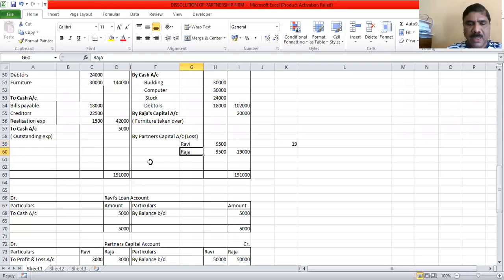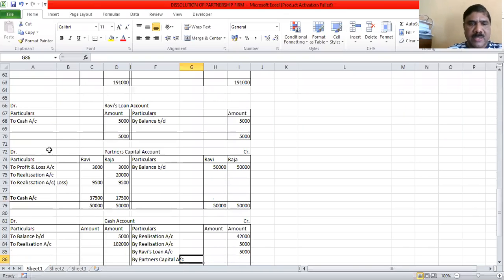So on the partners' capital account debit side we write realization loss, and whatever balance is available in the capital account of the partner will be paid. Sometimes it may be recovered if the debit is more. Here both the partners' credit side is more. That means both the partners are paid. Ravi is paid 37,500 and Raja is paid 17,500.